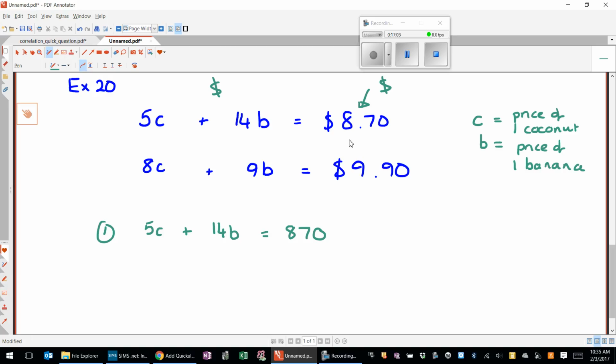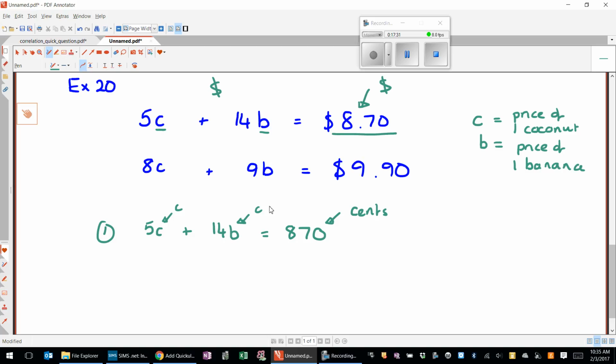But this now is in dollars, therefore C and B will be in dollars. Okay? Whereas in this case, what have I turned it into? Cents. So if this is in cents, this is also got to be in cents. So don't mix up your units. Okay?